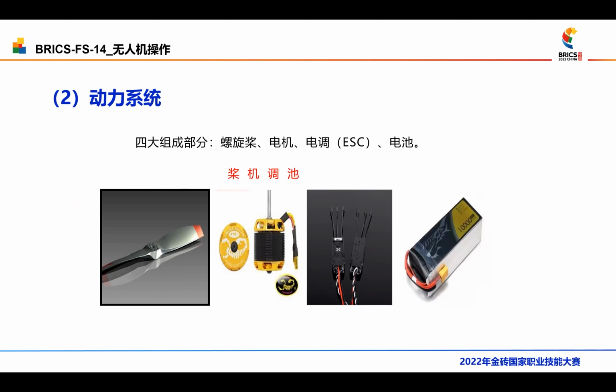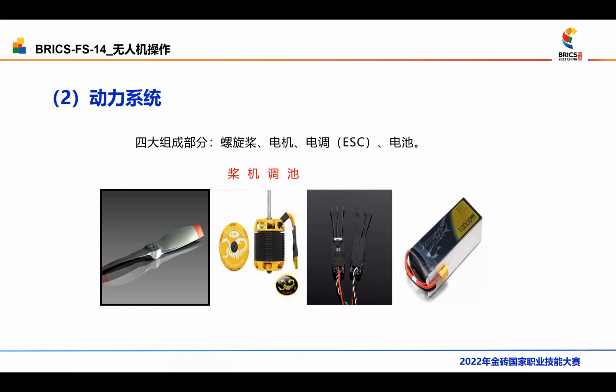At present, most UAVs use polymer batteries, which are characterized by high magnification, high energy ratio, long life, good safety performance, environmental protection, and pollution-free compared with ordinary batteries.